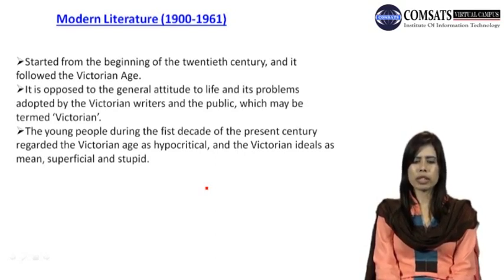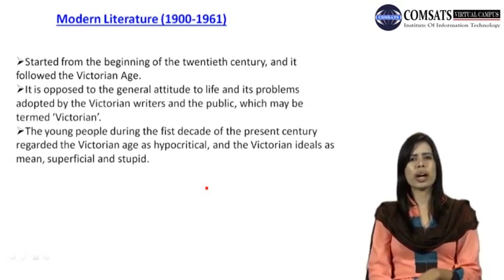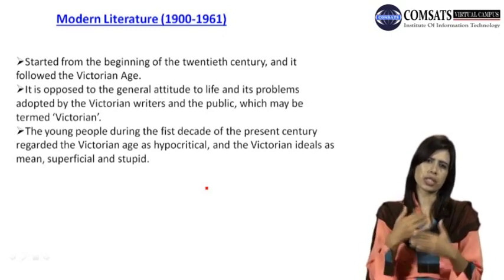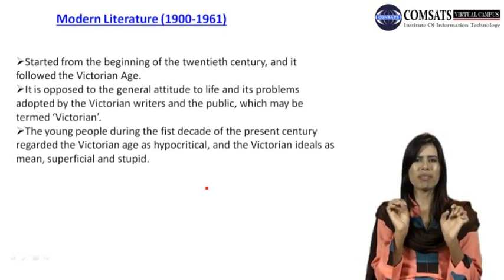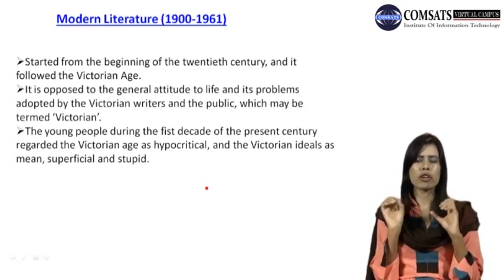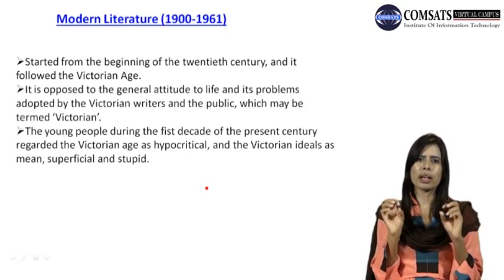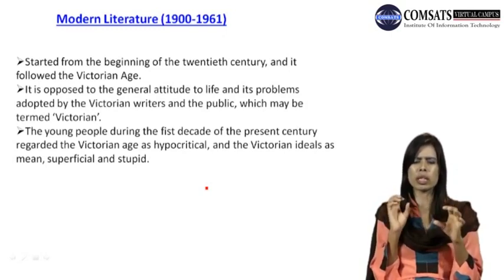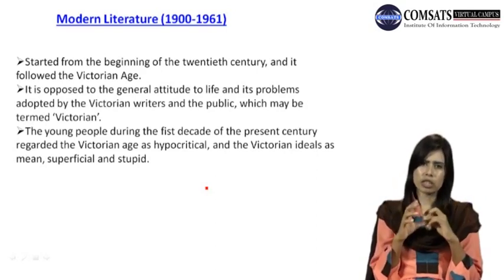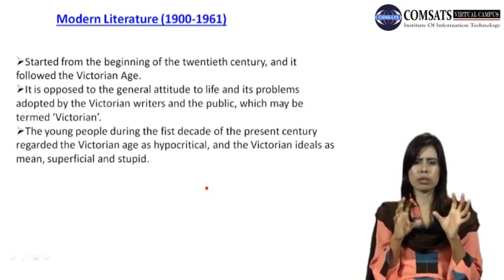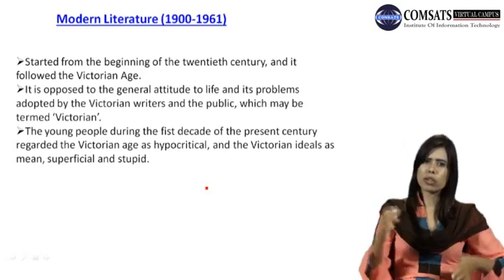The young people during the first decade of the present century regarded the Victorian Age as hypocritical and the Victorian ideals as mean, superficial and stupid. So again, students, you can see how these ages are different from each other. In modern literature, the young people of that society considered Victorian literature as full of hypocrisy, stupidity and superficial things, and they considered the ideals very mean and stupid.